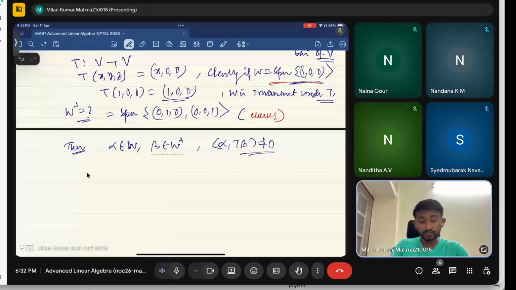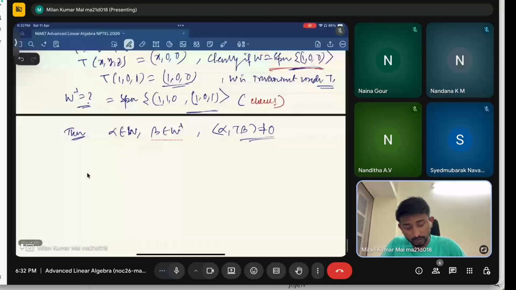This is also spanning. You can check that W perp is actually the span of this. There is no problem. So now we have to find alpha and beta such that this holds. Let's take alpha as (1, 0, 0), and beta equal to (1, 1, 0). Then alpha is in W and beta is in W perp.